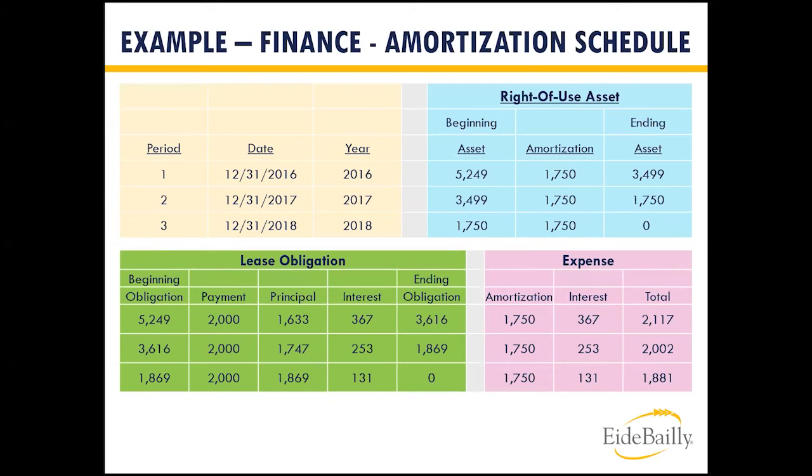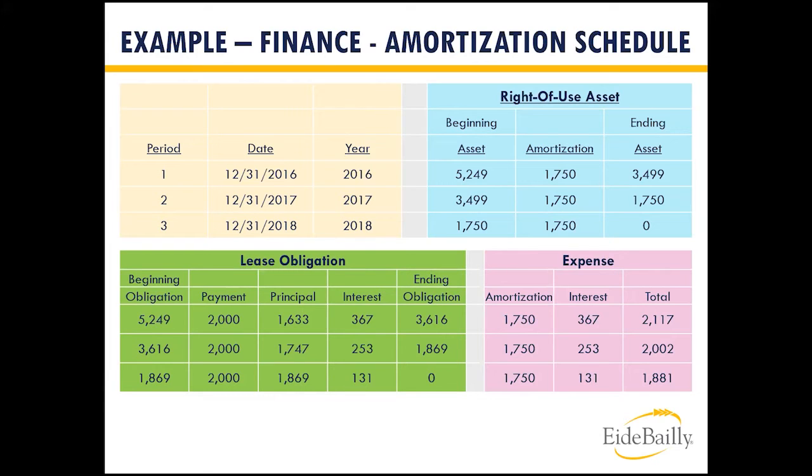So my next slide is, let's pretend all the facts are the same as we just had on the operating lease, except now at the end of the lease term, the asset transfers ownership to the lessee. In this situation, now we have a financing lease, and once again, the $5,249, that's our asset and our obligation, we start in the same place.